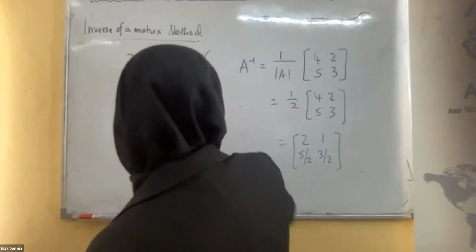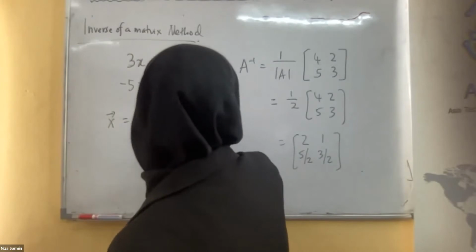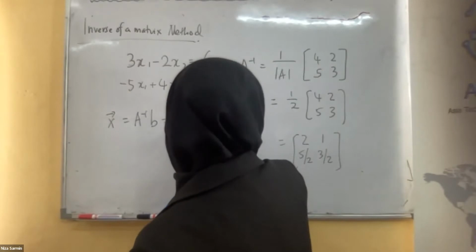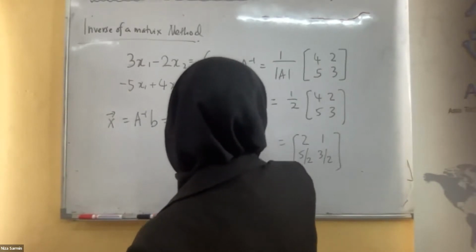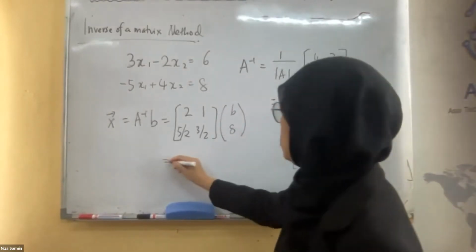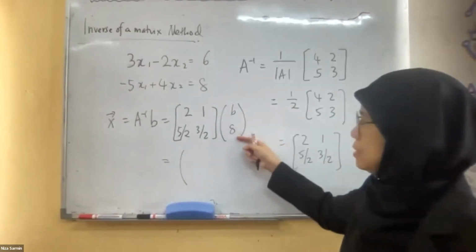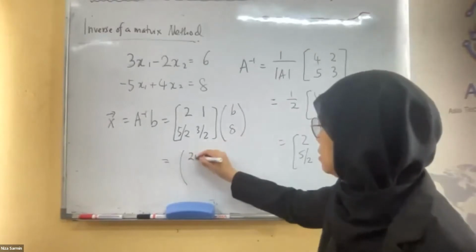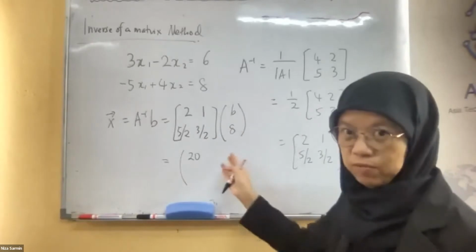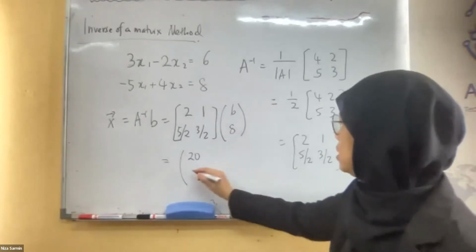Okay, so just multiply, right? So X is A inverse B, which is equal to 2, 1, 5 over 2, 3 over 2, times B, 6, 8, equal 12 plus 8, 20, 15 plus 12, 27.